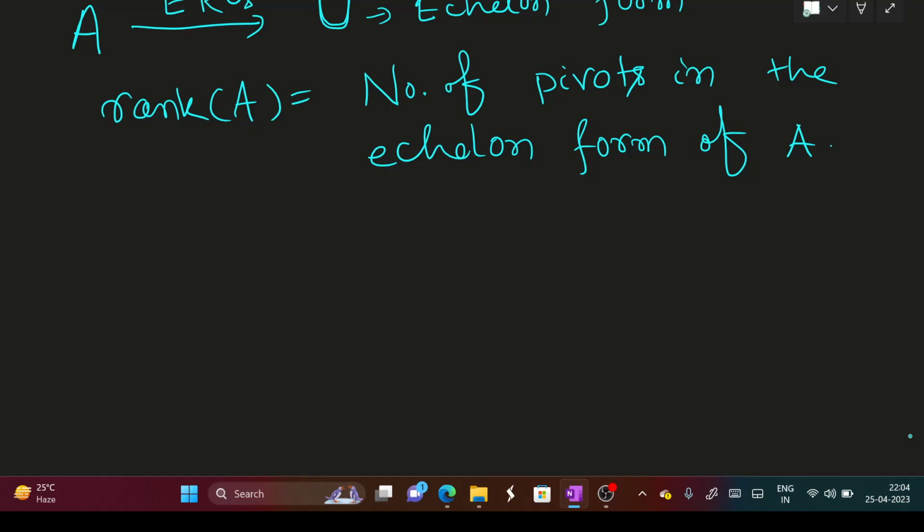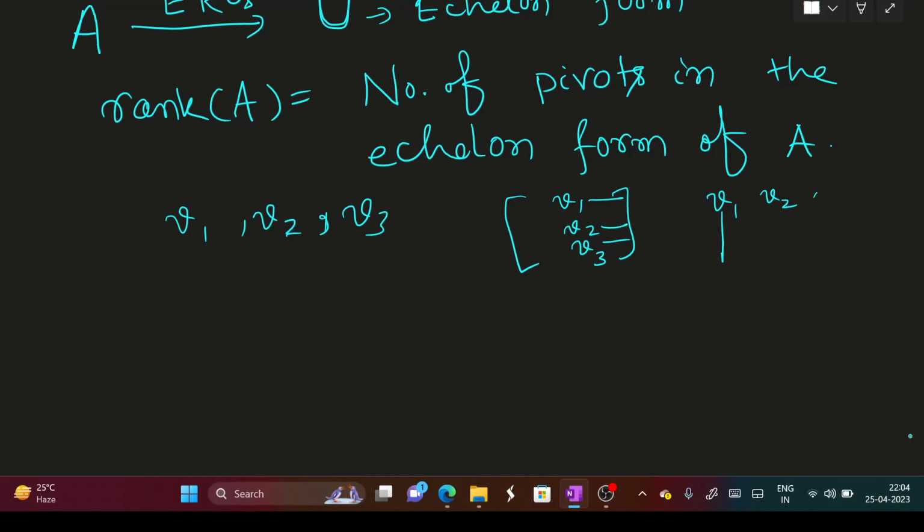Now, for example, let us verify dependency, independency. Suppose I have 3 vectors v1, v2 and v3. So I will verify whether they are linearly dependent or independent. What I should do? I will make a matrix with v1, v2, v3 as its row vectors, or v1 column, v2 column and v3 column as column vectors.